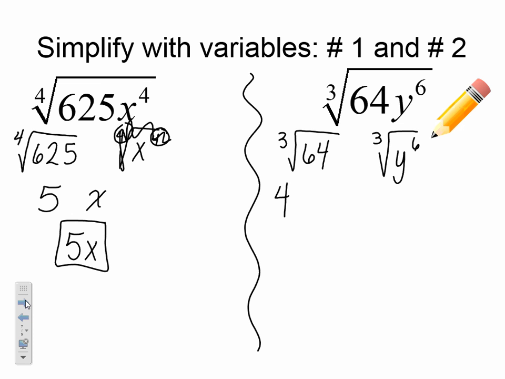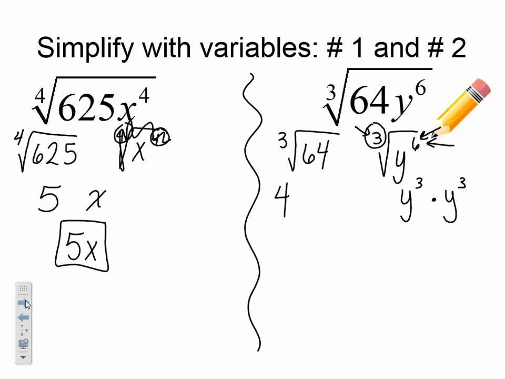See, the sixth power and the third index, or the cube root, does not cancel out. But if I had an index of 3 here, could I rewrite these 6 little y's in a strategic way that would allow me to cancel things? See, y to the sixth is the same thing as y to the third times another y to the third. That'd be 6 little y's, right, if we were to expand them all out.